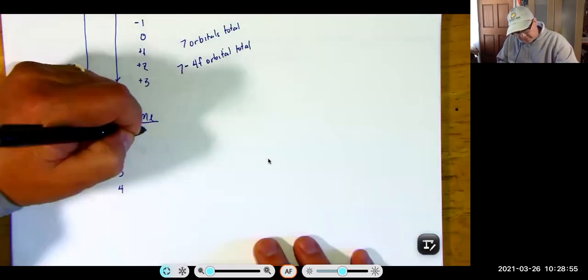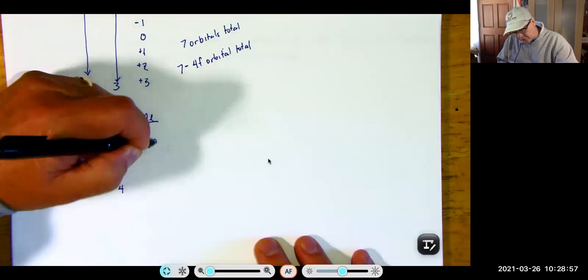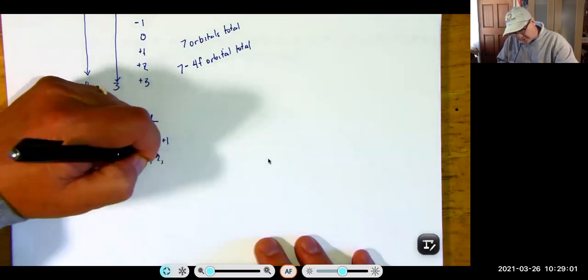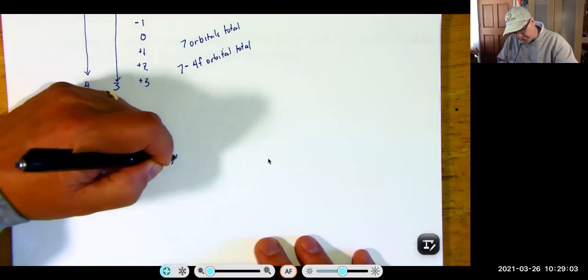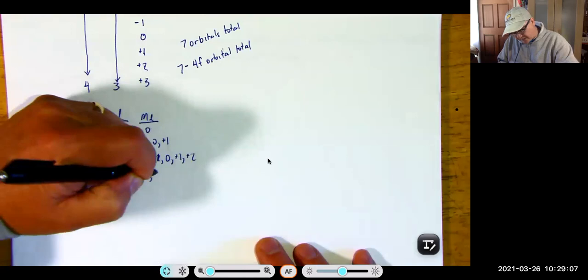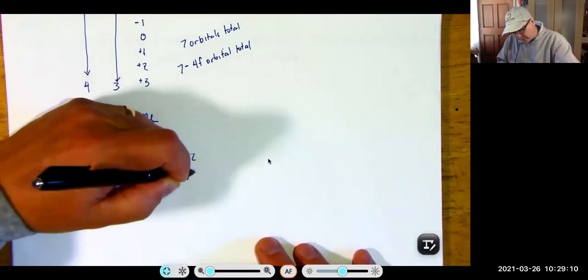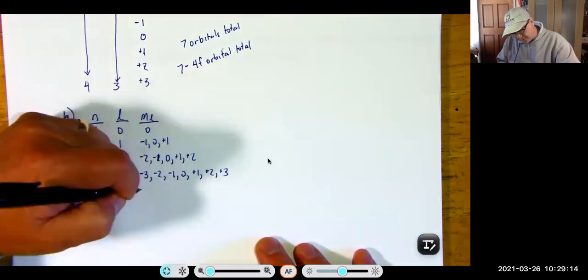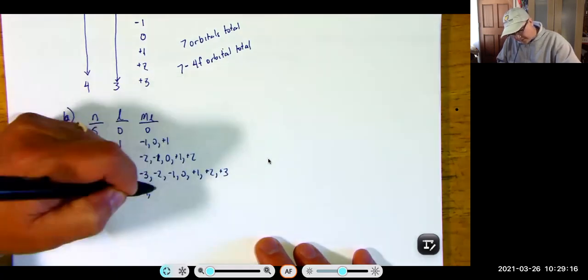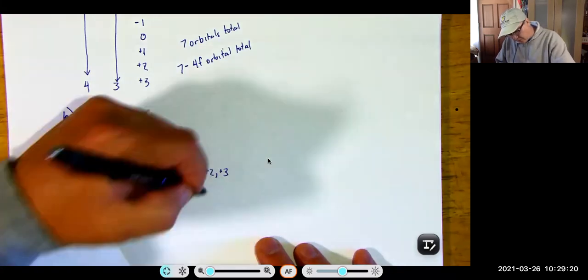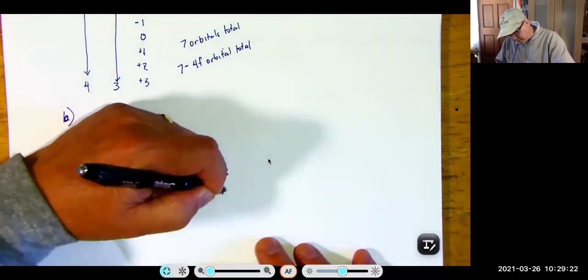It could be 0, then -1, 0, +1, then -2, -1, 0, +1, +2, then -3, -2, -1, 0, +1, +2, +3, and -4, -3, -2, -1, 0, +1, +2, +3, +4.